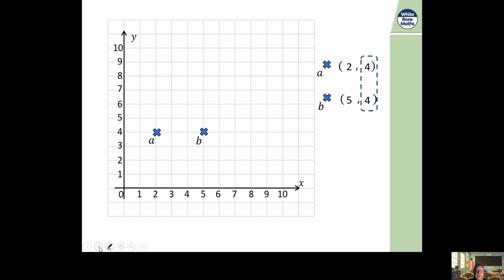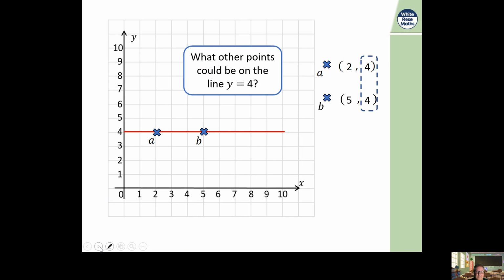That's the y-axis coordinate. There we go. Any others?